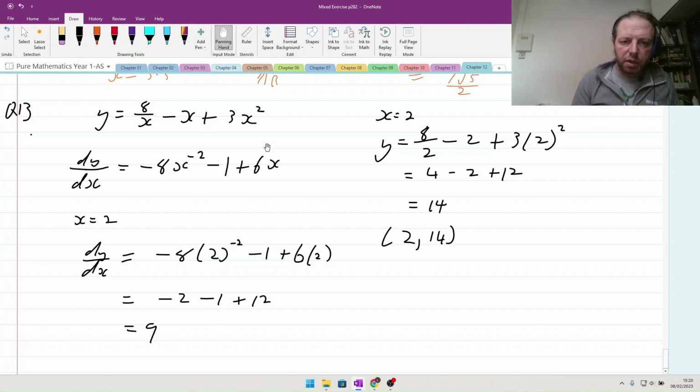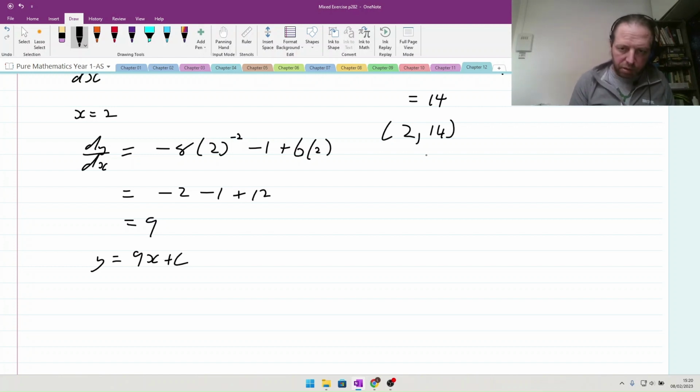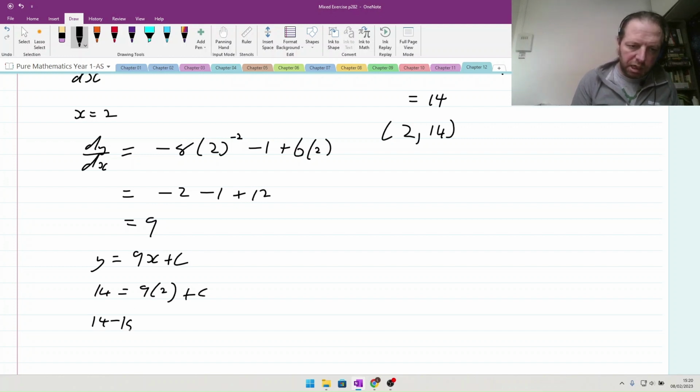So the start of our equation for the tangent at this point is y equals 9x plus c, and now we can put in the point (2, 14), so we have 14 equals 9 times 2 plus c. 14 minus 18, 2 times 9 is 18, bring to the other side, so c is minus 4.